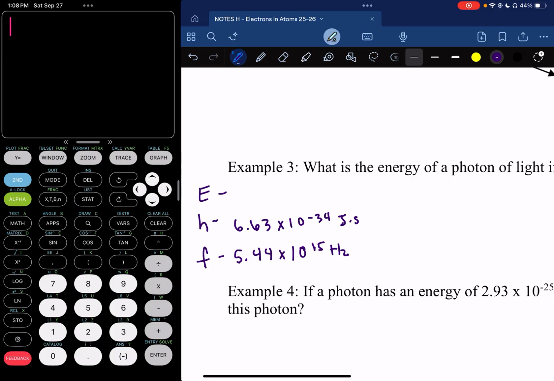Or it's actually joules times seconds. It's not per second. If it was per second, it would be joules divided by seconds, but it is joule seconds, which is kind of weird to say like that, but that's what it is. And then we have our energy, which is our X.